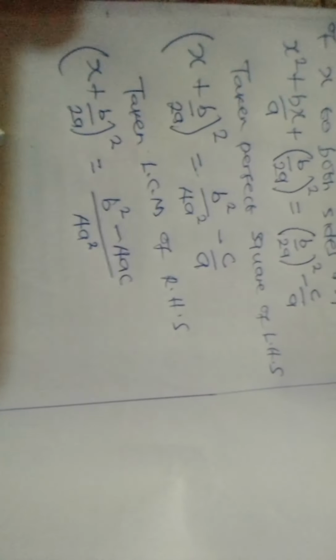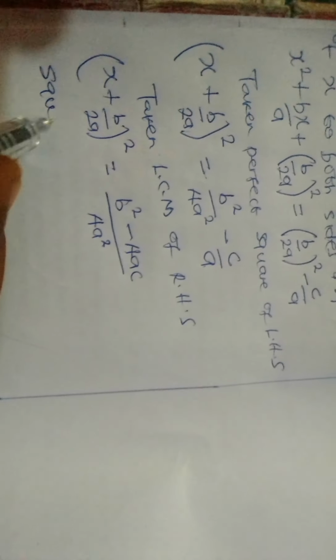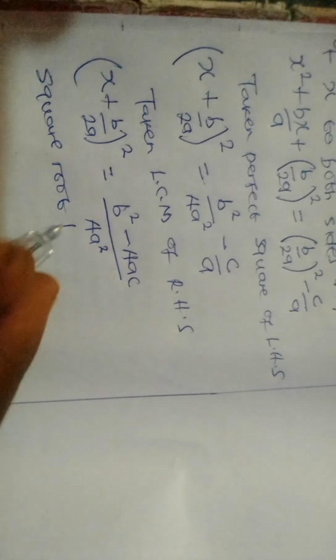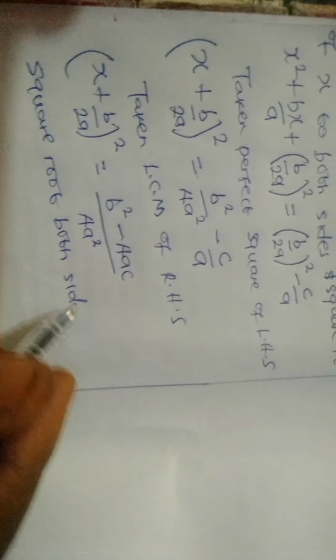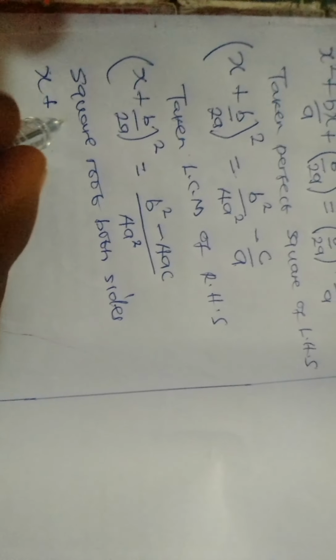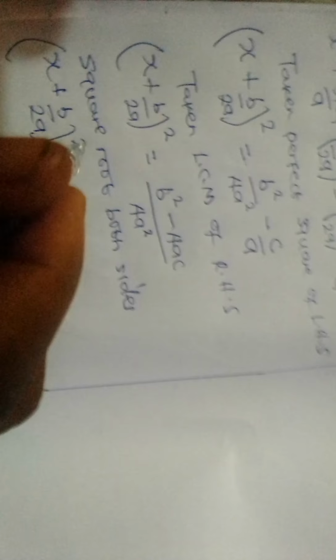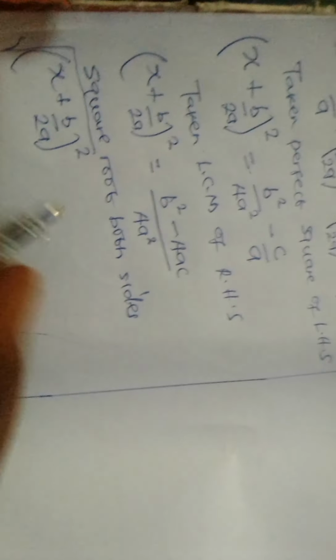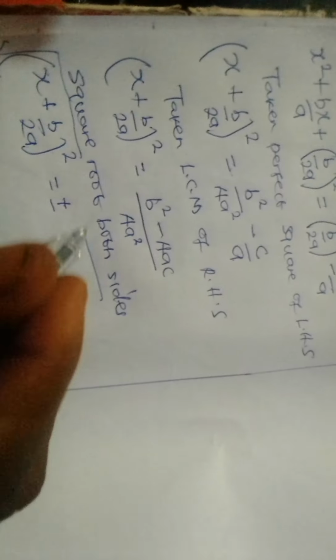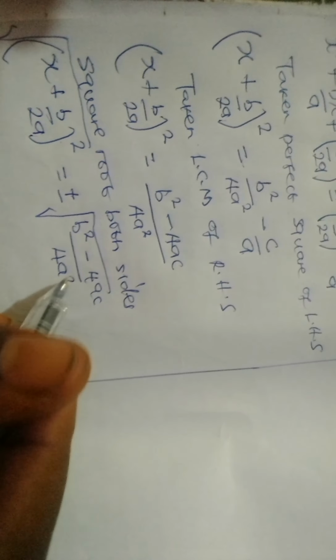Okay, so at this point, what do we do? We said square root both sides. I want to square root both sides, so it means x plus b over 2a all squared is now square rooted like this. Equal to plus or minus square root of b square minus 4ac over 4a square.